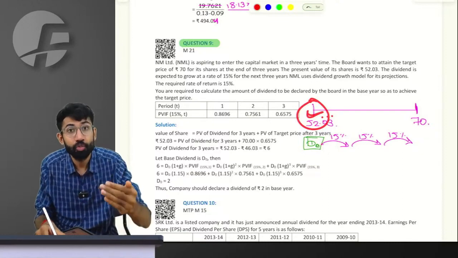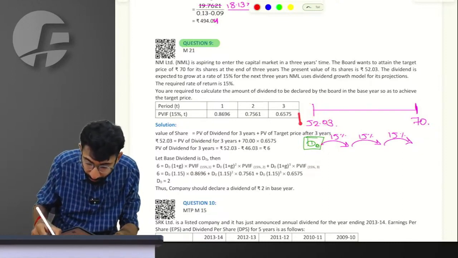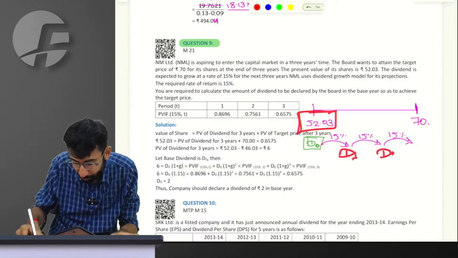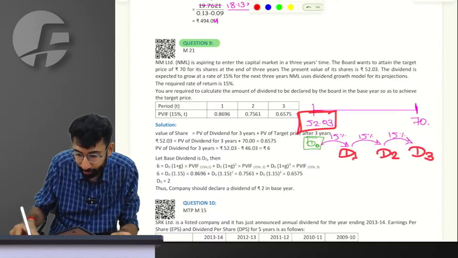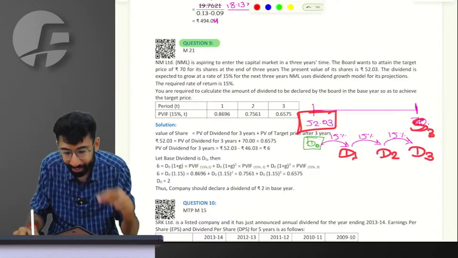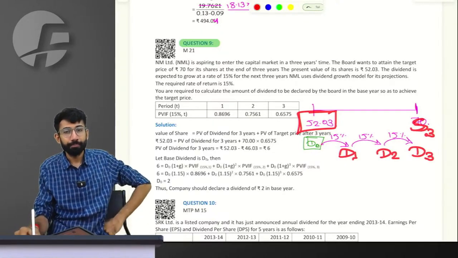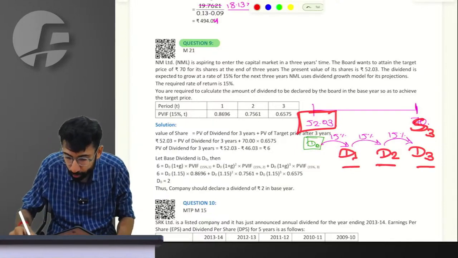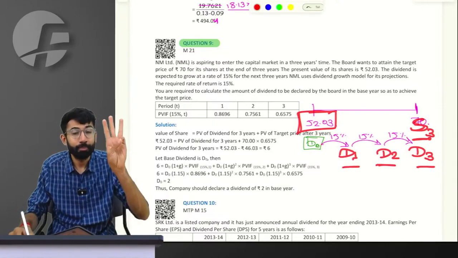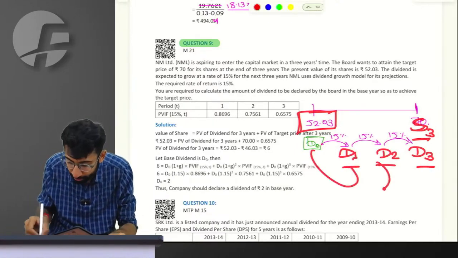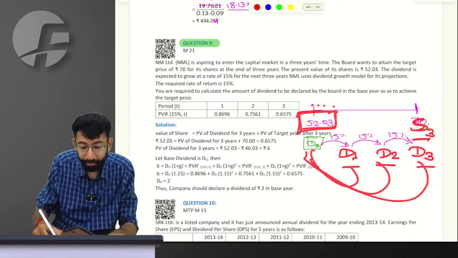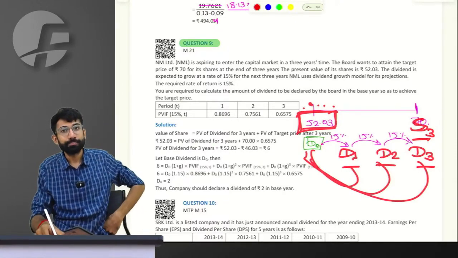Present value of future cash flows, which means this P0 should be equal to present value of D1, present value of D2, and present value of D3, and present value of the sales price at the end of the third year. All these four cash flows over a period of 3 years, when you discount them to 0.0, the answer is 52.03, which is already there with you.